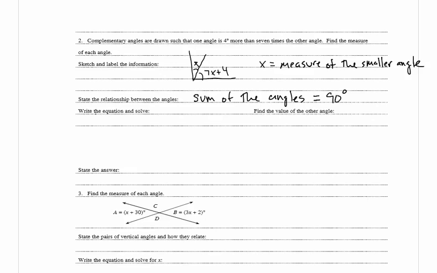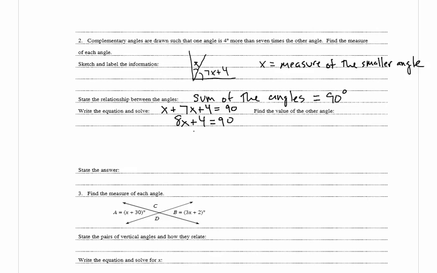And now we want to write the equation and solve. So we have x plus 7x plus 4 is equal to 90. And we're going to combine our like terms. So we have 8x plus 4 is equal to 90.